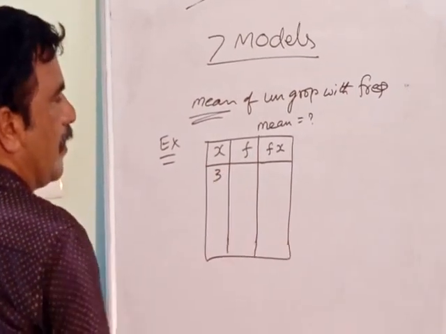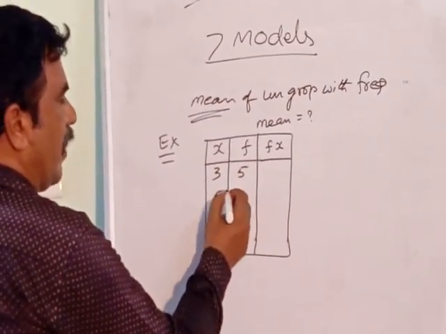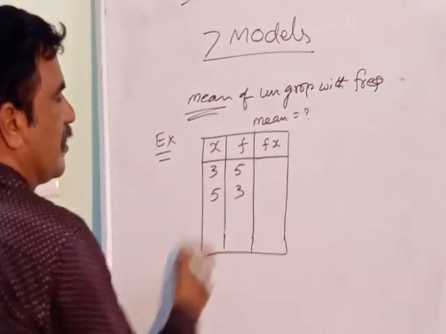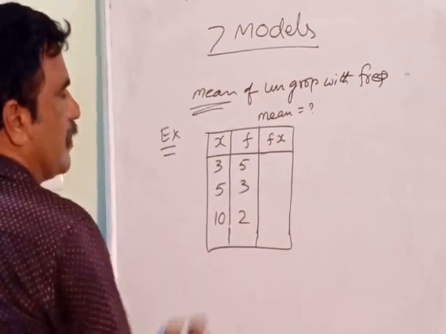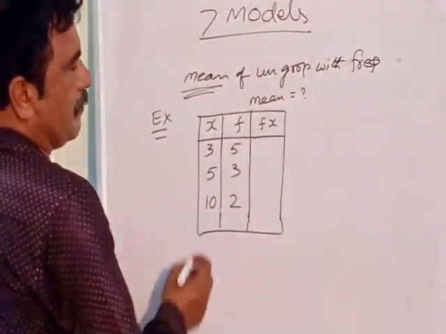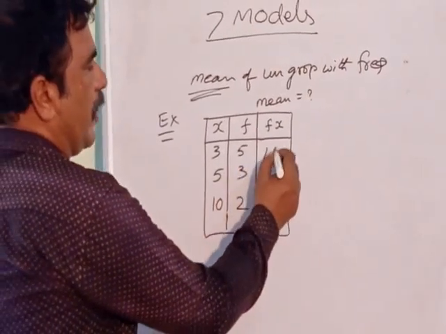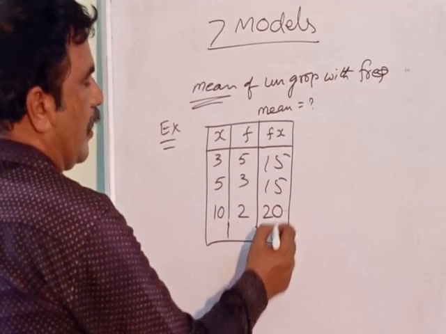Example: observation 3, frequency 5; observation 5, frequency 3; observation 10, frequency 2. Then multiply them: 3 into 5, 15; 5 into 3, 15; 10 into 2, 20.